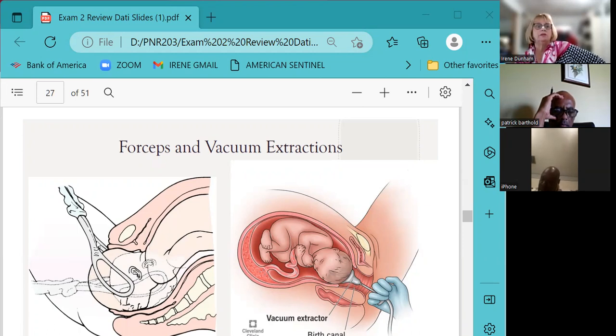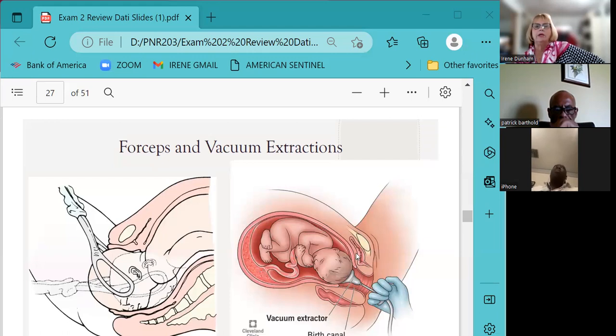So what we do is they put forceps on the baby, and while mom pushes, the practitioner will give a little tug. Okay. Now again, they can cause some facial paralysis. And so the practitioner, whoever is doing this, has to be well trained to use these forceps.